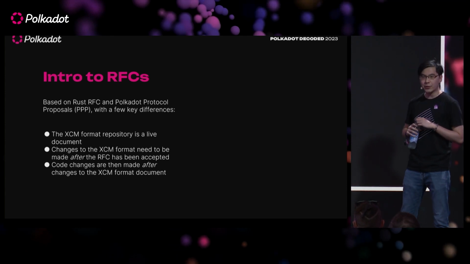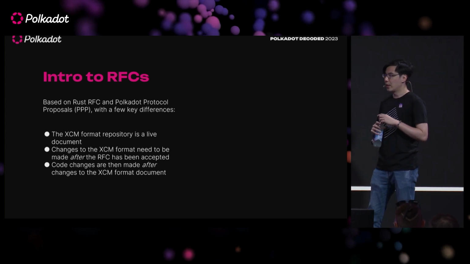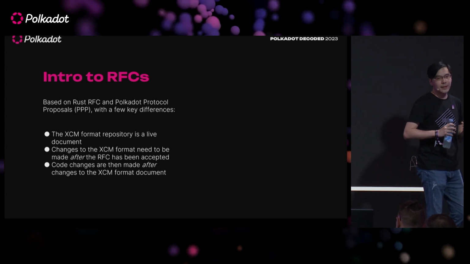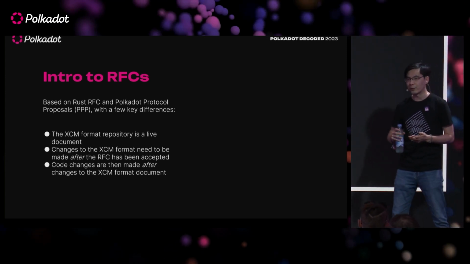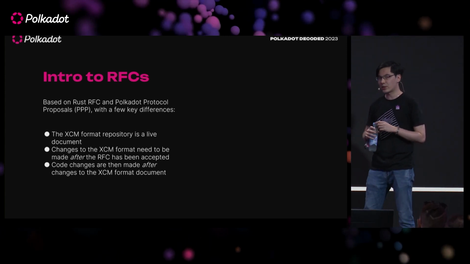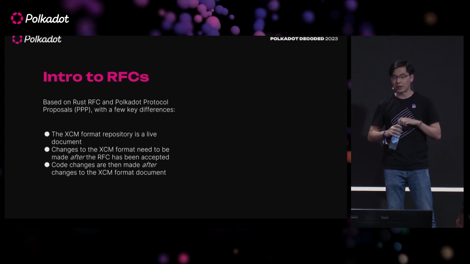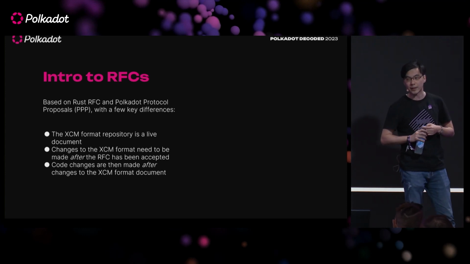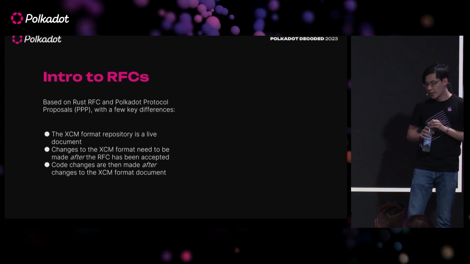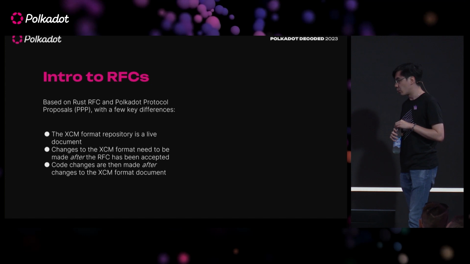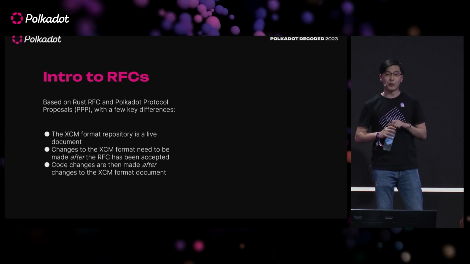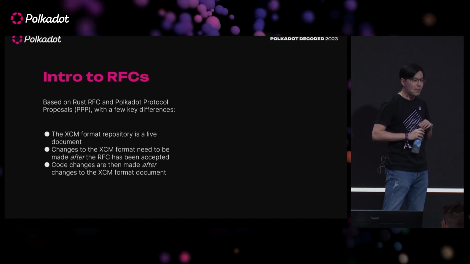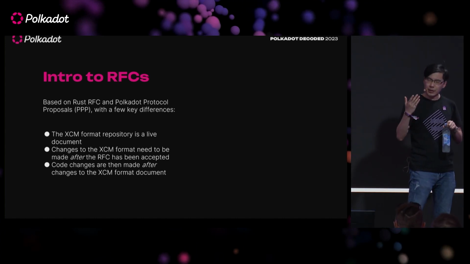One of the main considerations is that we have to realize that XCM is actually a live document, similar to HTML, for example. It's very much like Rust RFCs. If you have been contributing to Rust or Rust features before, you will know that Rust doesn't really have a standard protocol, or rather a standard defined even. And so it's also like HTTP.